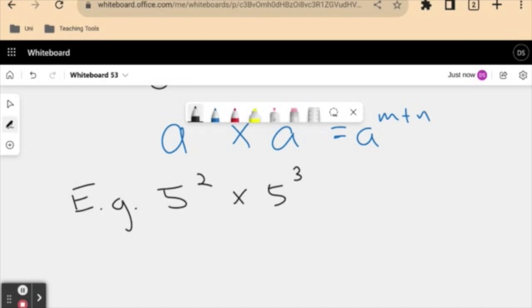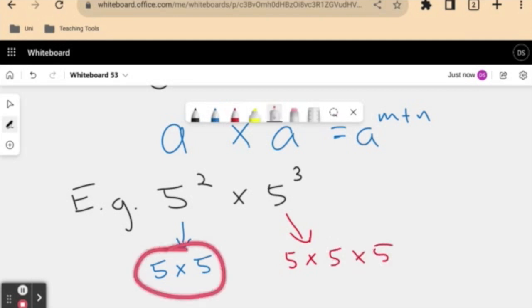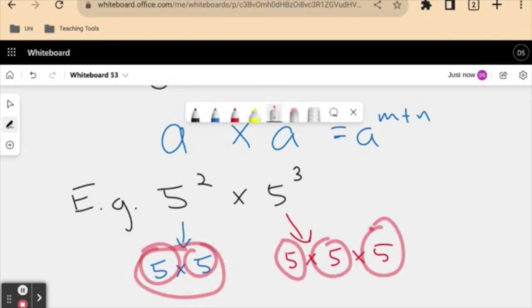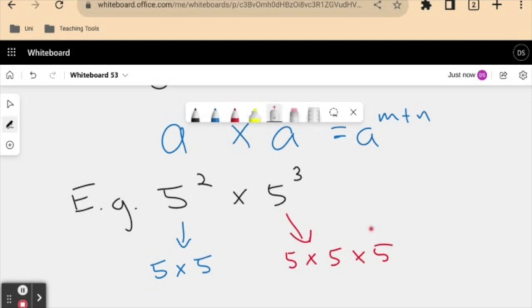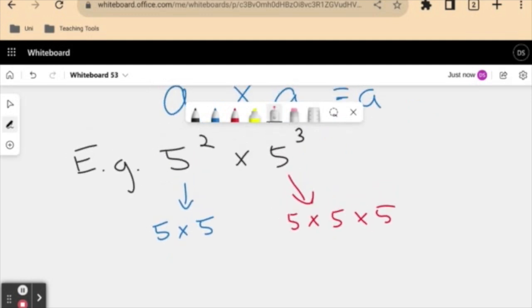What is 5 squared? That's just 5 times 5. And 5 cubed is 5 times 5 times 5. Well, we have 1, 2, 3, 4, 5 fives here, right? And what's important to know is this only works because the base number is the same.